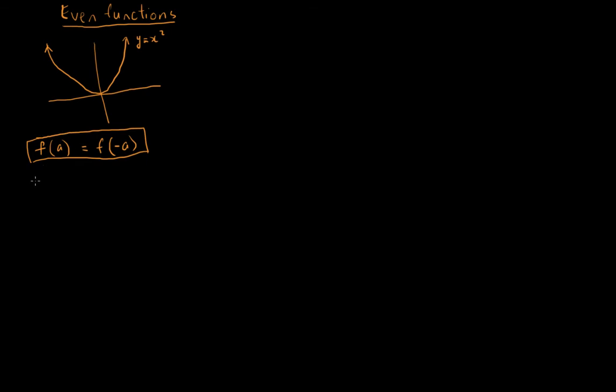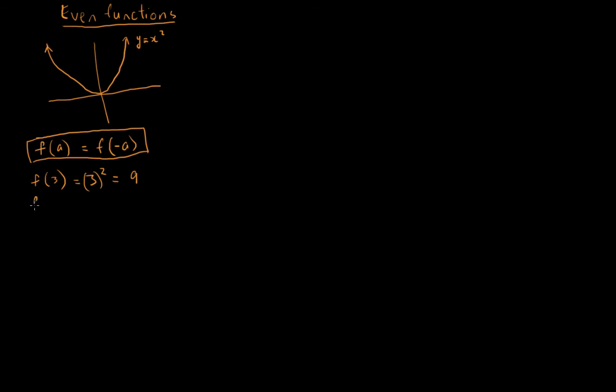This means that if I pick a number, let's say 3, so let x be 3, then the function of 3, because it's x squared, will be equal to 3 squared, which gives me 9. Right?